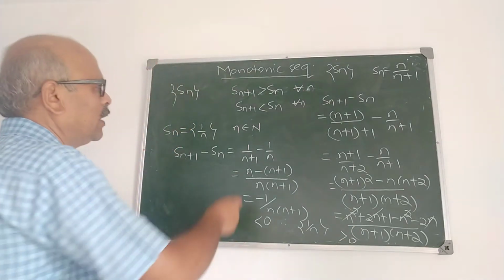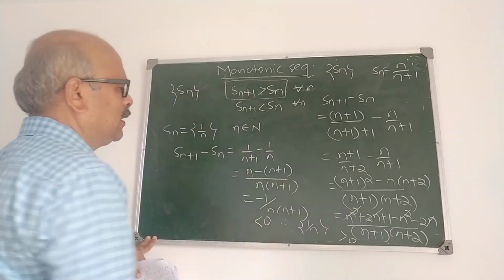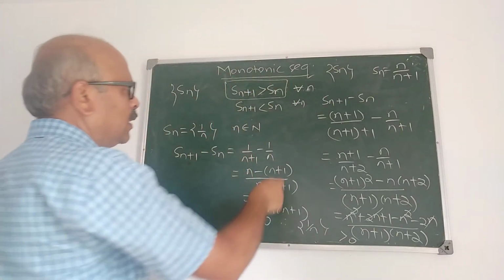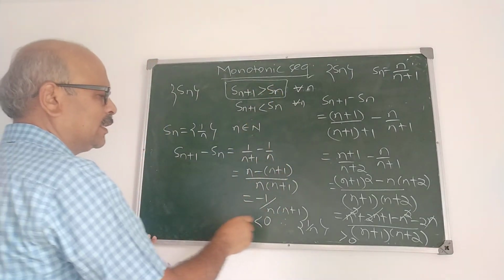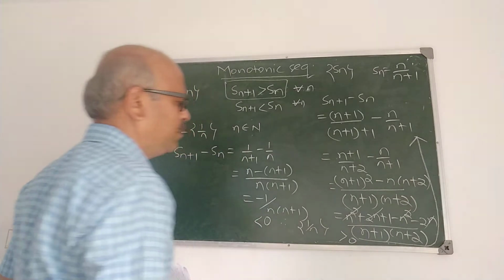So what's your conclusion? Sn plus 1 is greater than Sn, which means it is monotonically increasing.